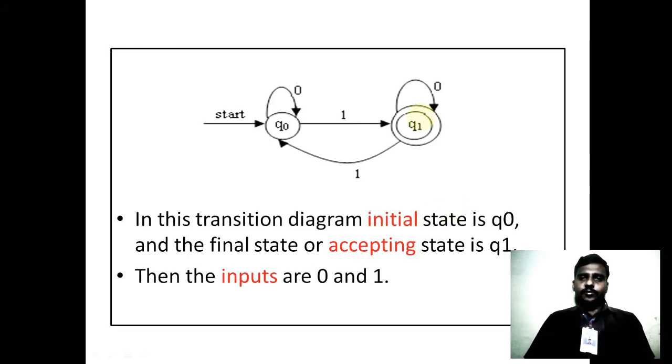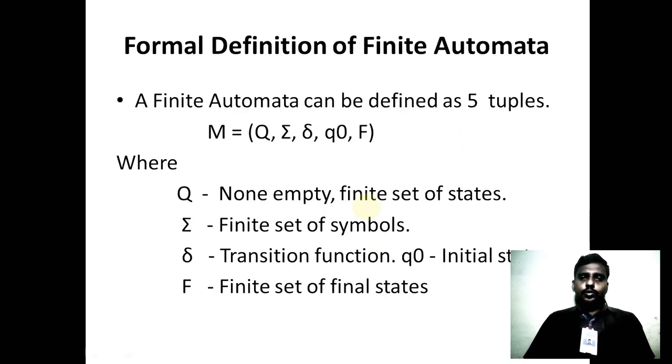See this finite automata. How many states are here? 2 states. What are they? q0 and q1. So capital Q represents q0 and q1. Can you understand? So capital Q is a finite set of states.